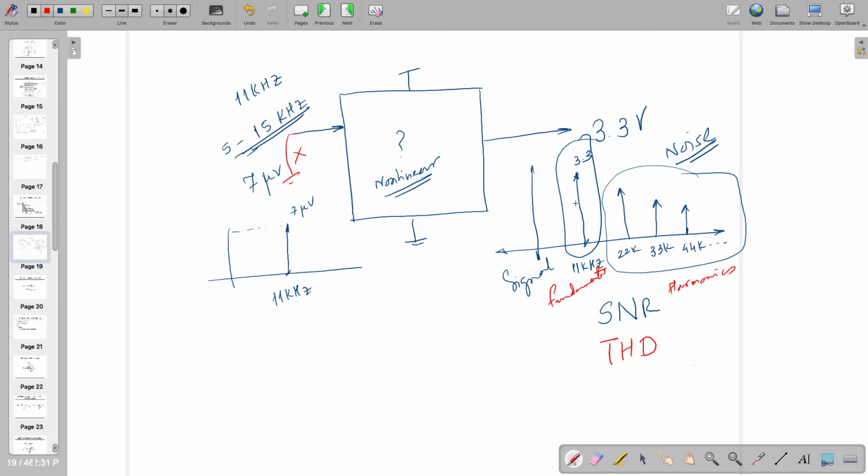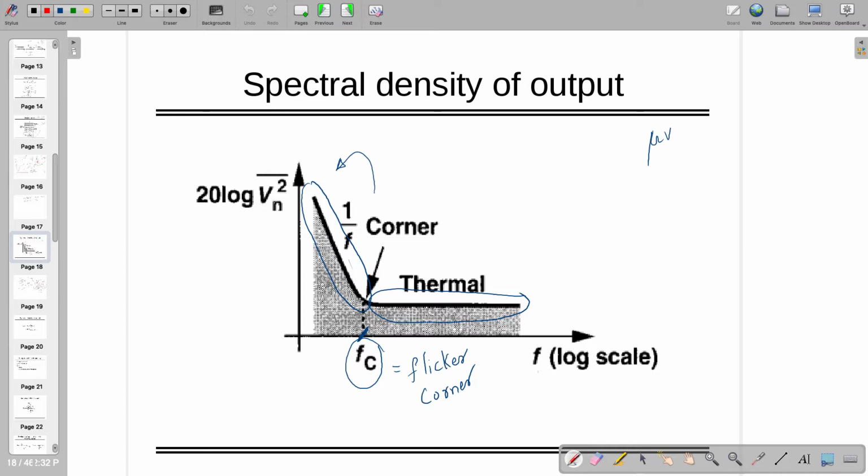That frequency component, if its amplitude is higher than this one, let's say at 22 kilohertz, 33 kilohertz, some extra noise has been added by my system also when the input is zero. That is what I was calling flicker and thermal noise when the system is not on.